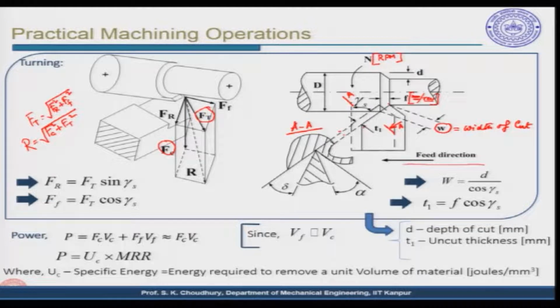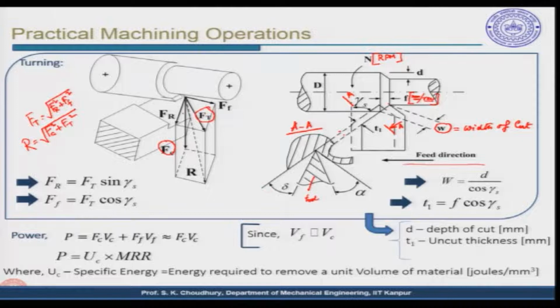And if you see the AA section, this is how the workpiece looks and this is the tool. So, this is the rake face, because over the rake face the chip moves, and this angle is the rake angle, which defines the inclination of the rake face, and this is the flank face, which makes an angle with the already machined work surface, the flank angle. So, this is the rake angle and this is the flank angle, which we have discussed earlier also.